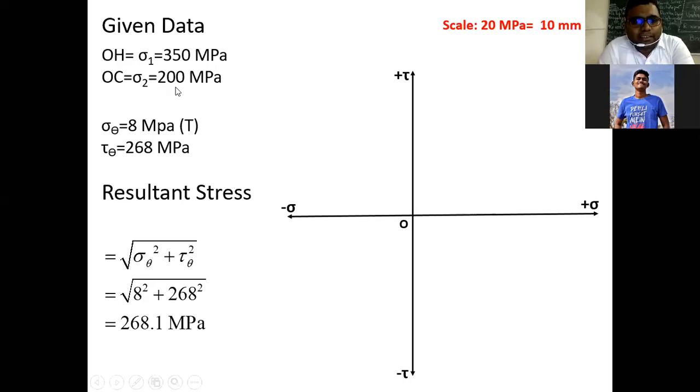This one is negative, 200 compressive, so we put the minus sign here. This is the minus sign and this is OI. Now take the scale, and according to the scale you get the points like this.